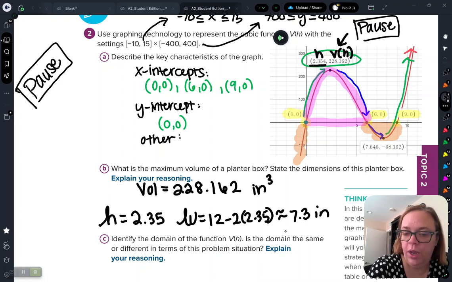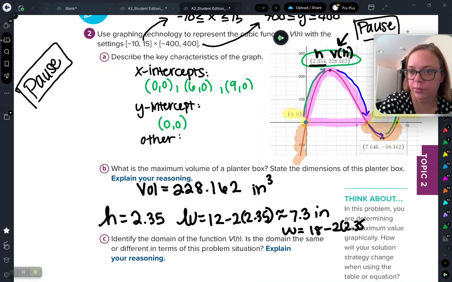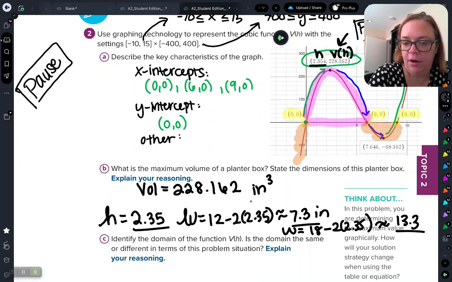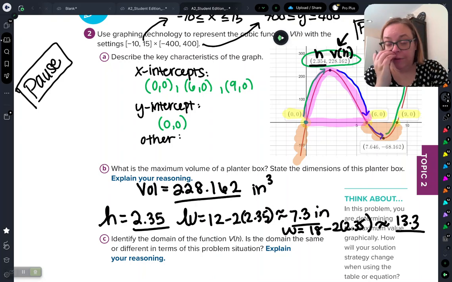And then the length is 18 minus 2.35, which is about 13.3. So if you multiply these things together, you're going to get something close to that volume. I did approximate, so it's not exact.